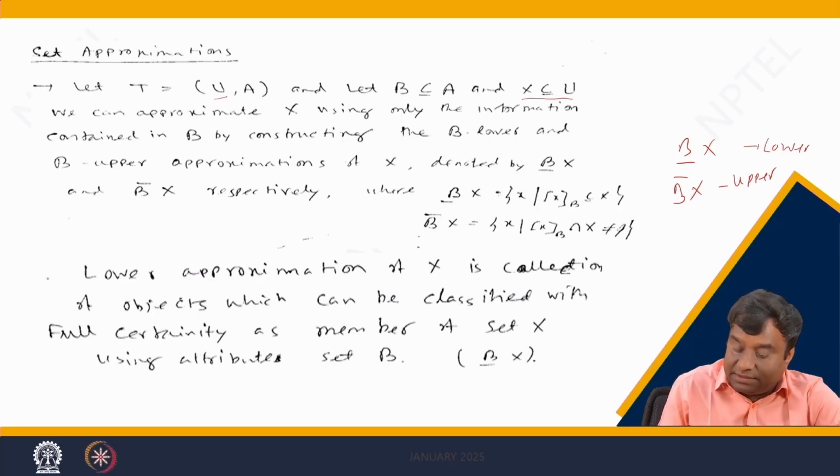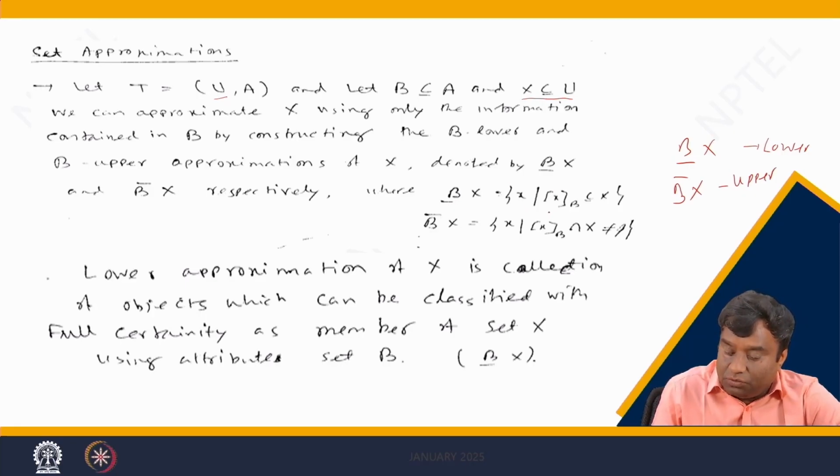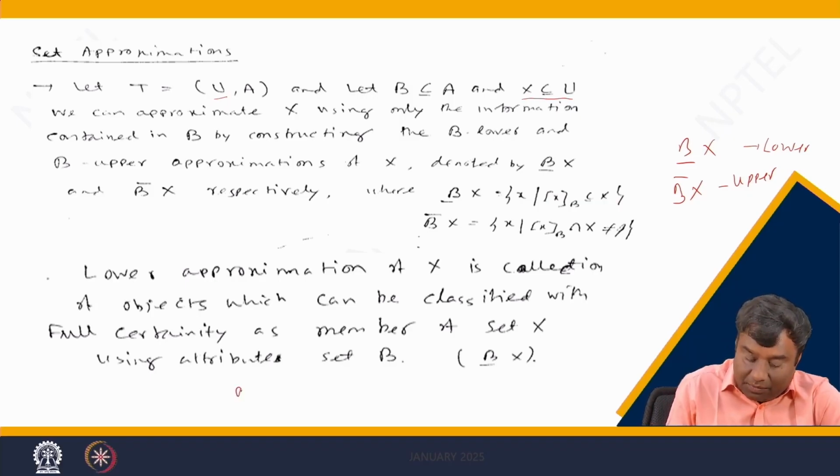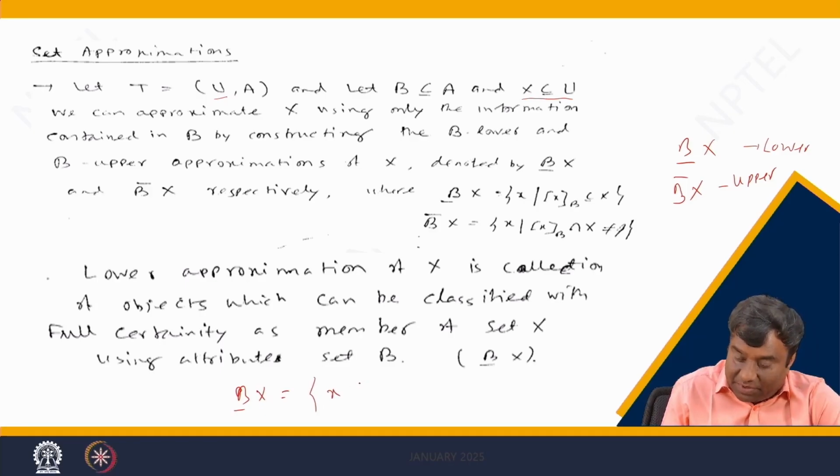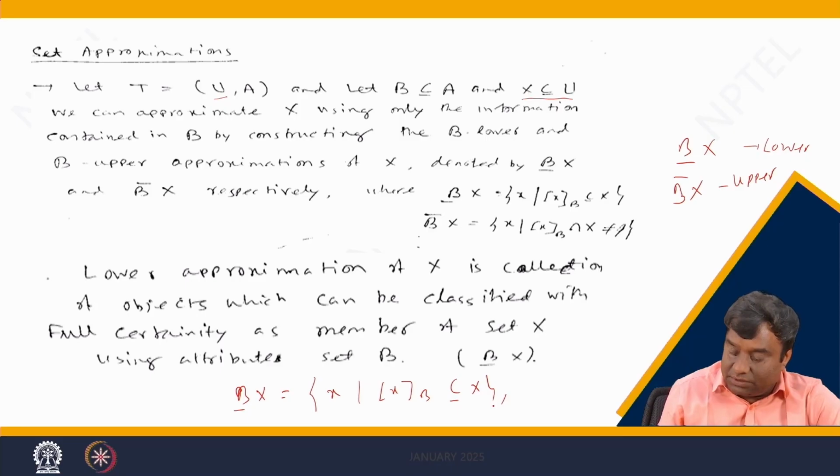B lower X is the set of elements which are completely contained in the target set X, whereas B upper X you can write like that.